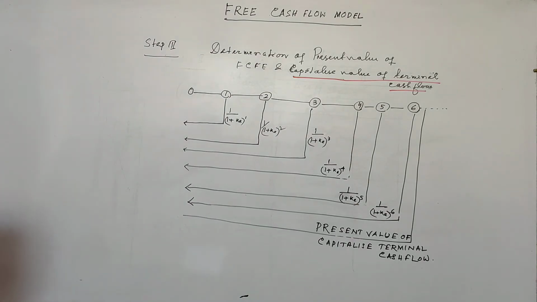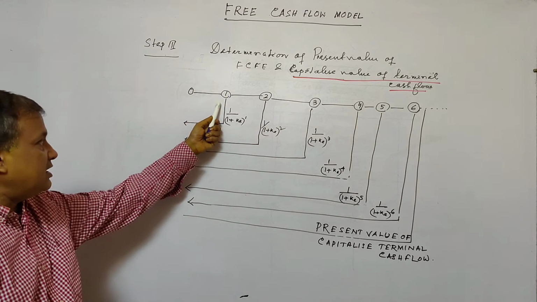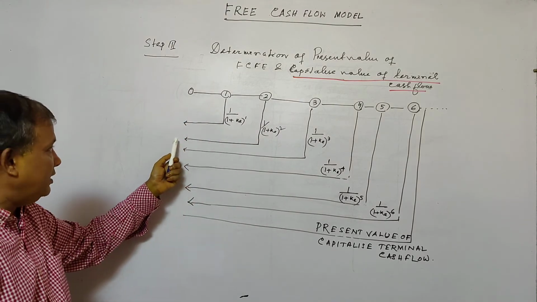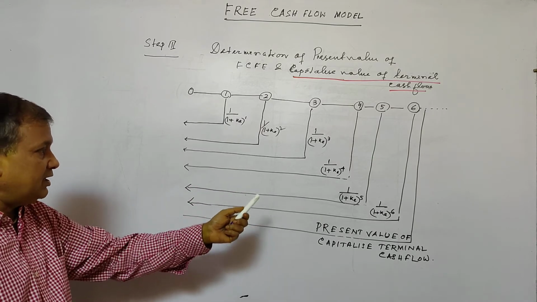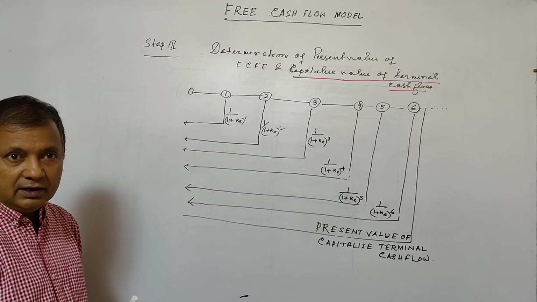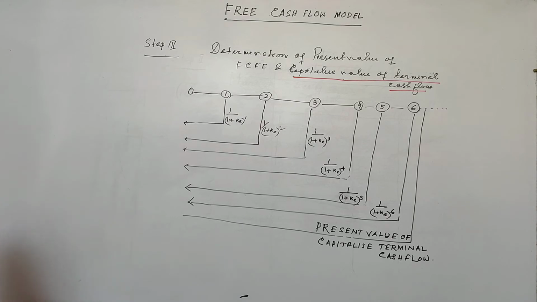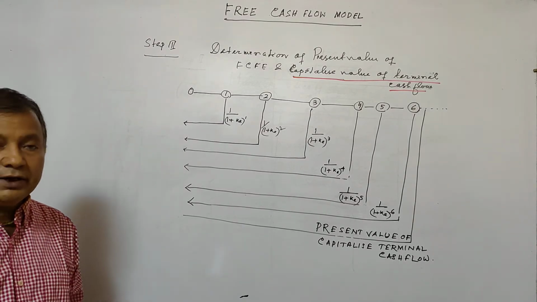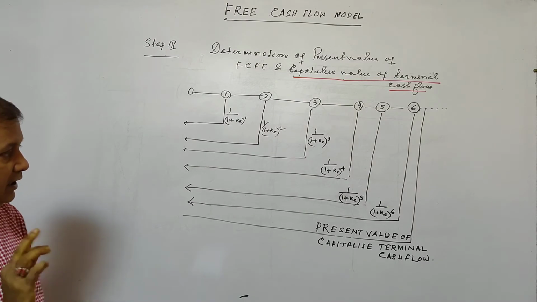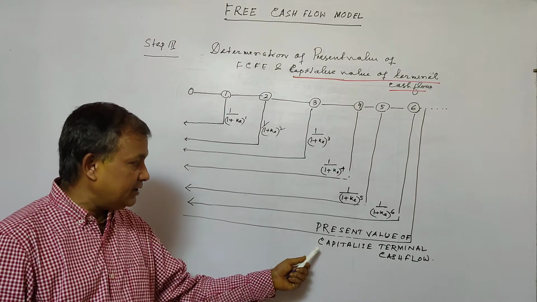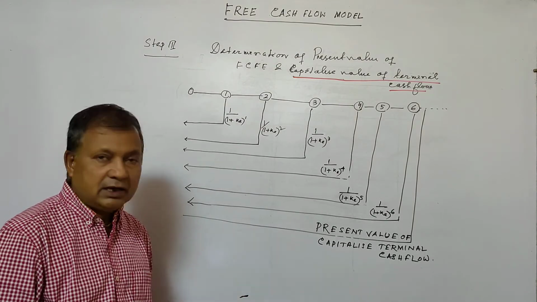So in this way we have to do the problem. So first year cash flow will be discounted, second year, third year, fourth year, fifth year and sixth year. After sixth year there is a perpetual either growth or a constant, no growth. So in any case we have to find out the present value of capitalized terminal cash flow.